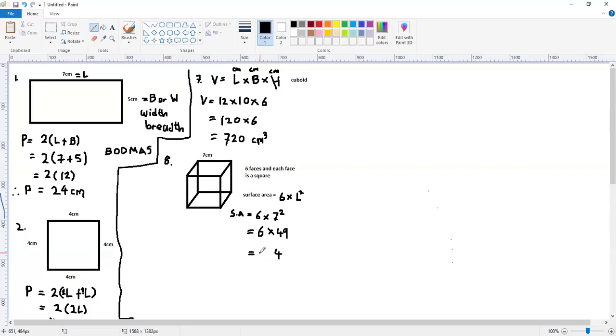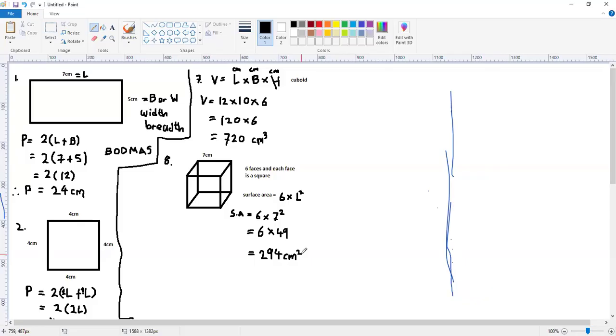Yeah, 6 times 9 is 54, 6 times 4 is 24. Plus, don't worry, it's 294. So it's surface area. Just like any other area, it's simply squared. Okay. So did you get that?